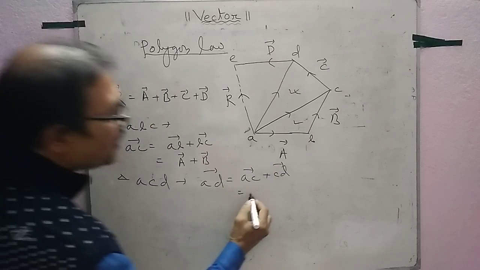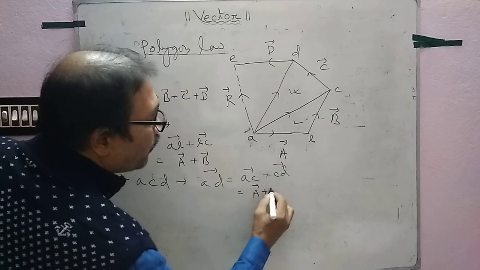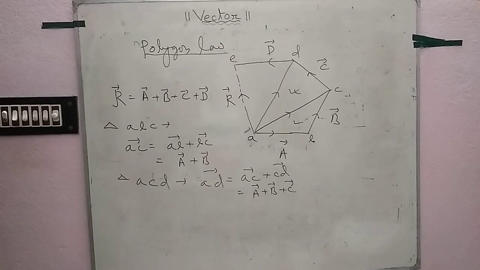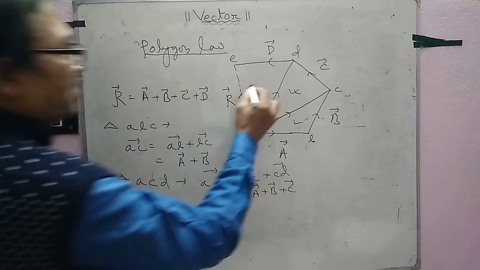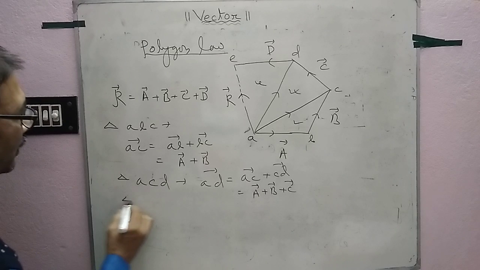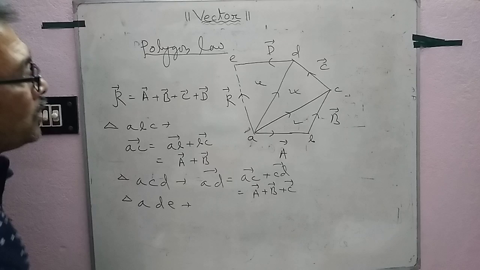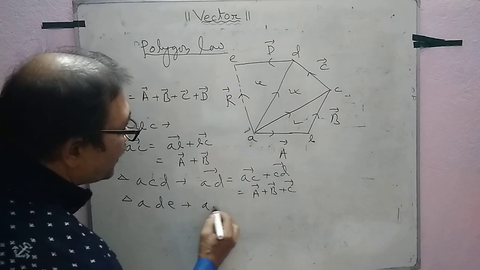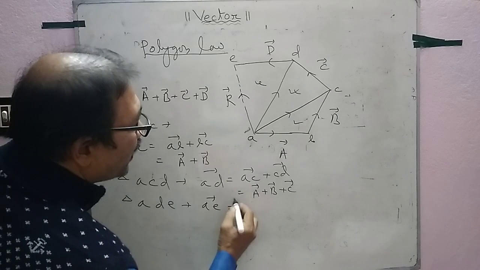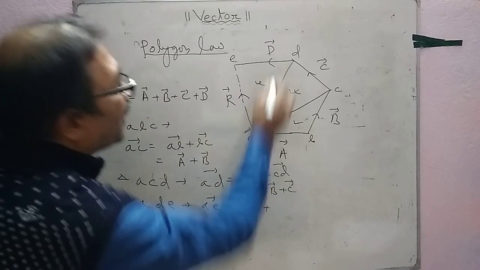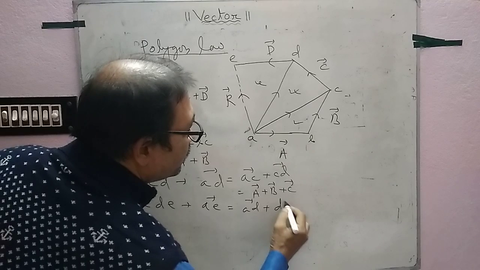Putting the value of AC, A plus B plus C. Similar way, from this triangle ADE, applying triangular law of vector addition, AE equal to AD plus DE.